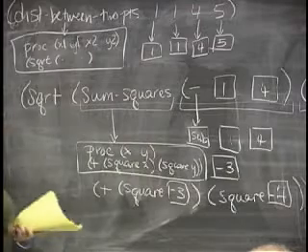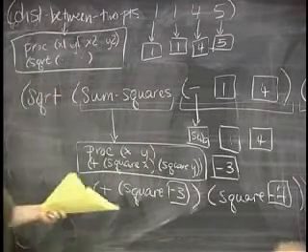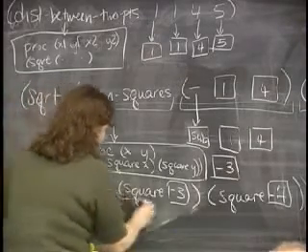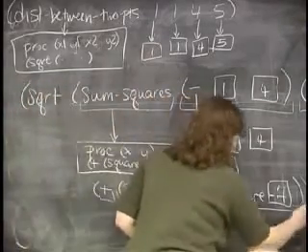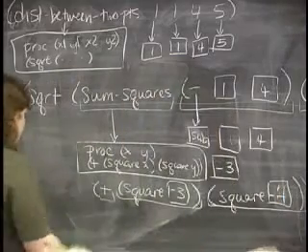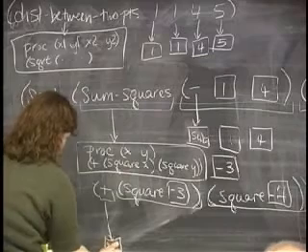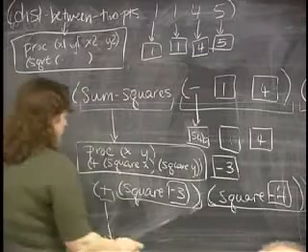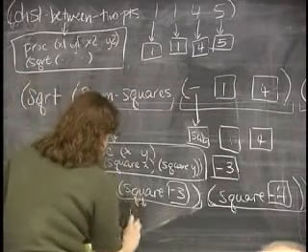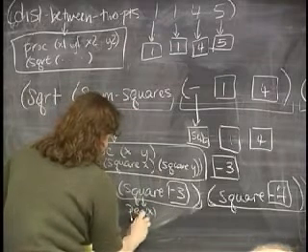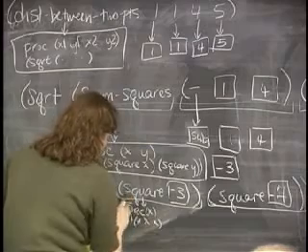Yes? Question? To evaluate this, we have three sub-expressions. Let's do add first. Okay, so square is a procedure that takes one argument and multiplies it by itself.